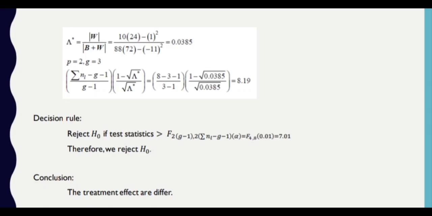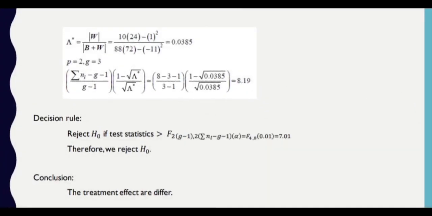The conclusion can be made is the treatment effect are different, ataupun macam mana you nak explain another way how you can conclude adalah there are significant difference of all variables among the 3 population.